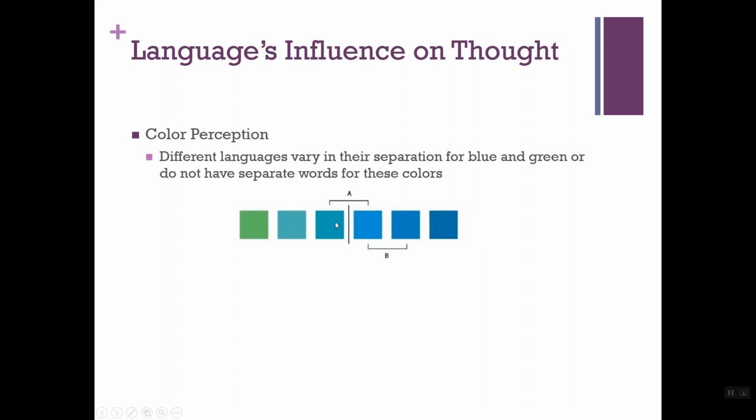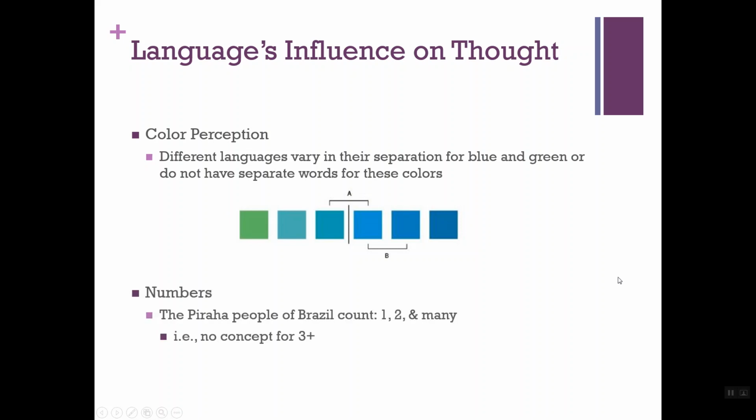So you might have people who say, this is clearly the line where these are green colors and these are blue colors, or some people show some kind of overlap, right? Depending on how we label blue and green, we might call the three squares on the left green and blue. And so it might be harder for us to distinguish certain colors from being anything but blue if our language says we call them blue, versus things that are clearly green to us.